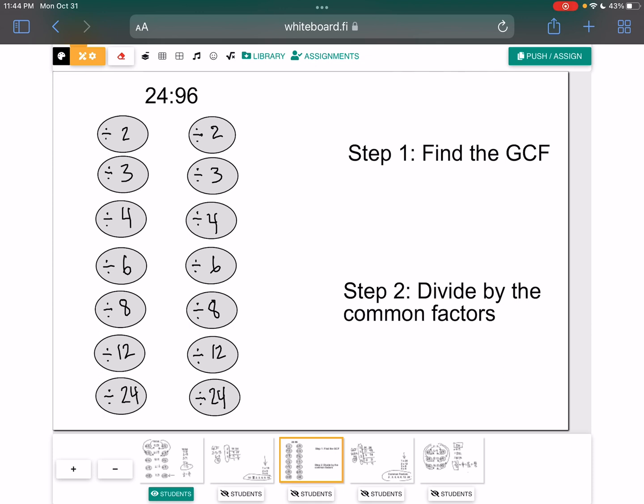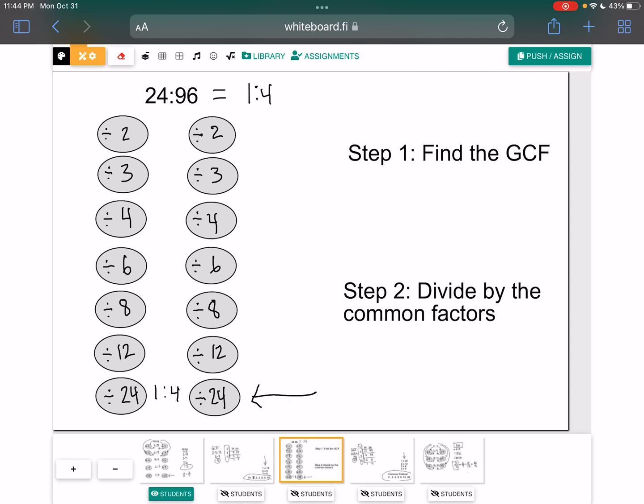Now, dividing by the greatest common factor, 24, is going to give us our simplest form. All right, so let's go ahead and do that one first. 24 divided by itself is 1, and 96 divided by 24 is 4. So this ratio in simplest form is 1 to 4.